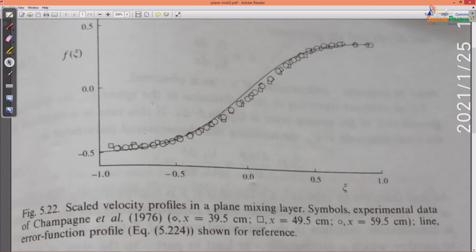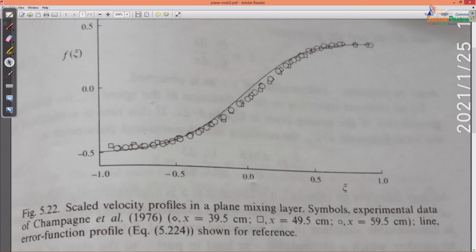The symbols are experimental data of Champagne et al. from 1976, and it shows that the numerical velocity plot we had just now kind of matches.